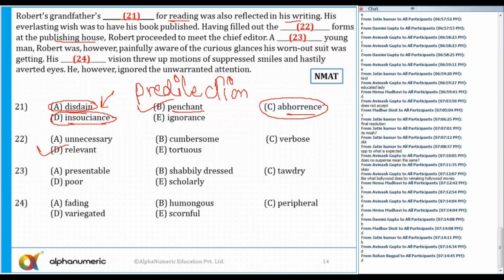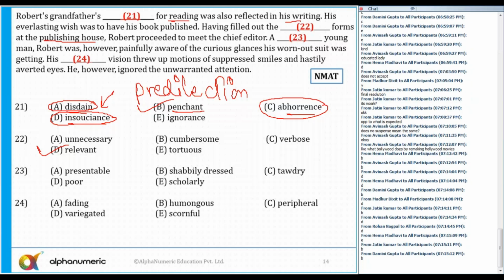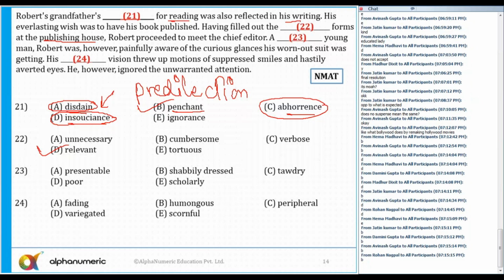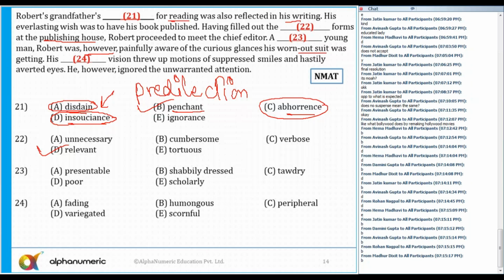A dash young man, Robert was, however, painfully aware of the curious glances his worn out suit was getting. When you look at his clothes, his clothes were very bad. His clothes were worn out. But otherwise, this guy was what?